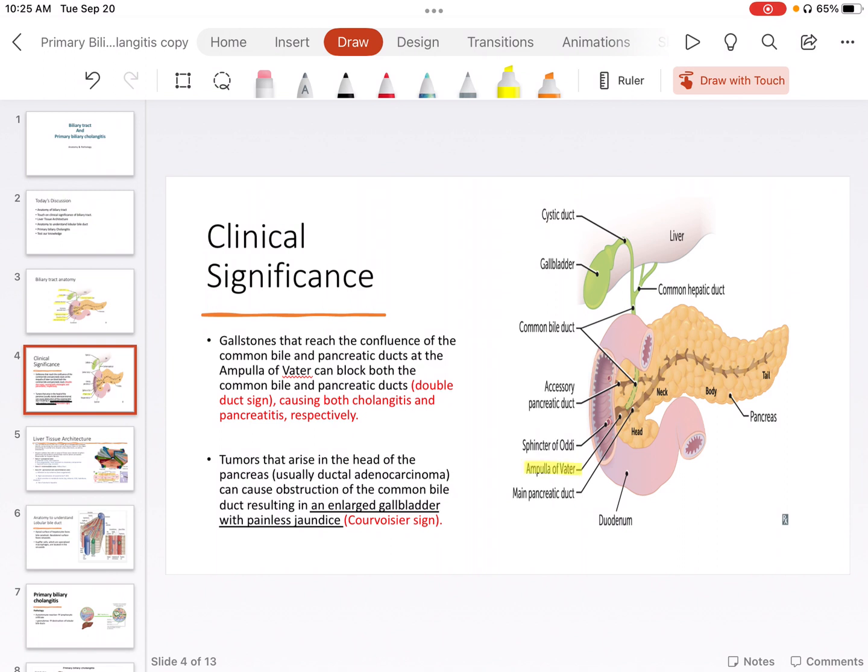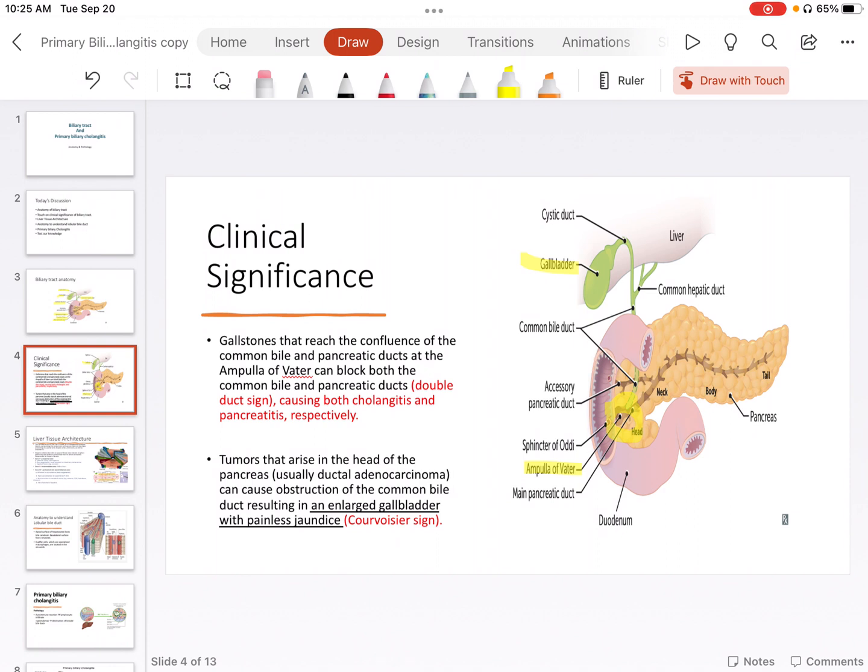So right here, if there is a gallstone at this part, it can cause cholangitis as well as pancreatitis because it is blocking the way for bile to enter the GI tract, entering the duodenum. This blockage can cause a double duct sign, leading to inflammation of the biliary tree, that is cholangitis, and inflammation of the pancreas, that is pancreatitis.